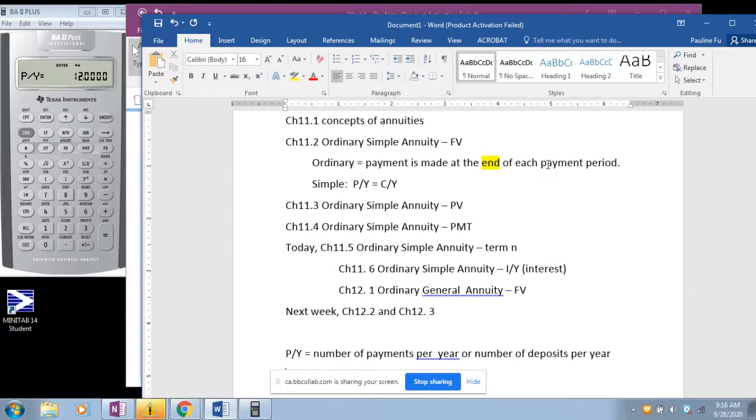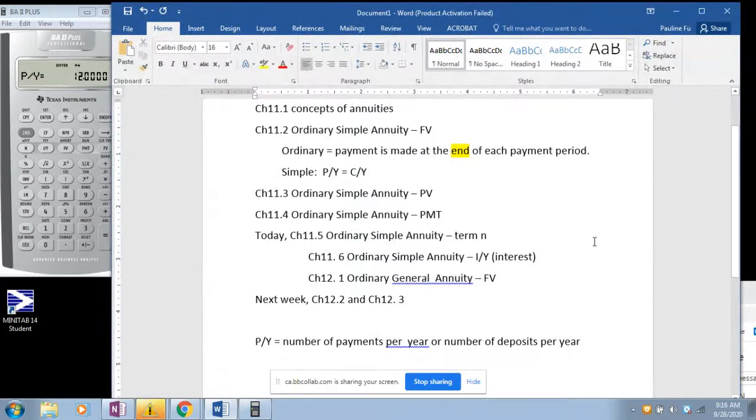That is the definition of PY. Now what is CY? CY represents the number of compounding periods per year for interest.